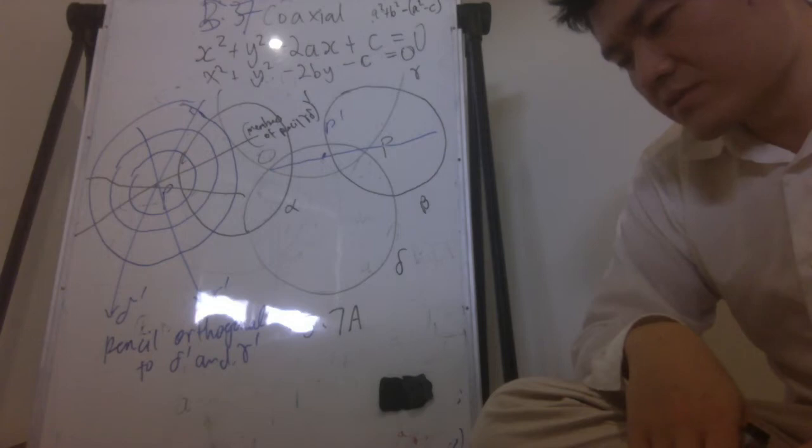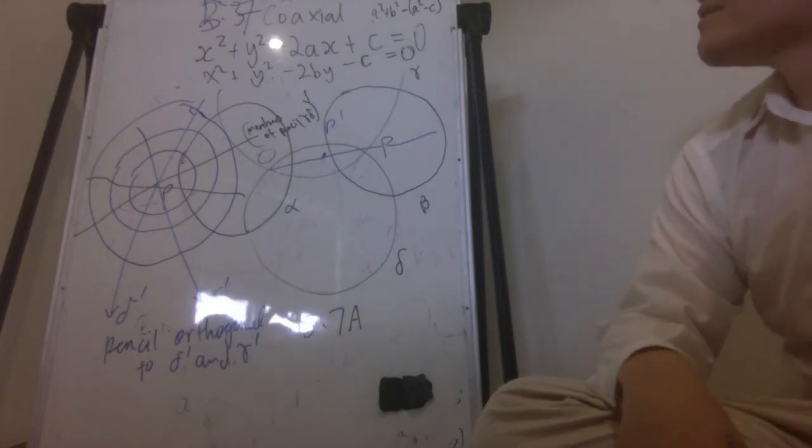Namely, two circles with suitable radii whose centers lie on the radical axis of alpha and beta.